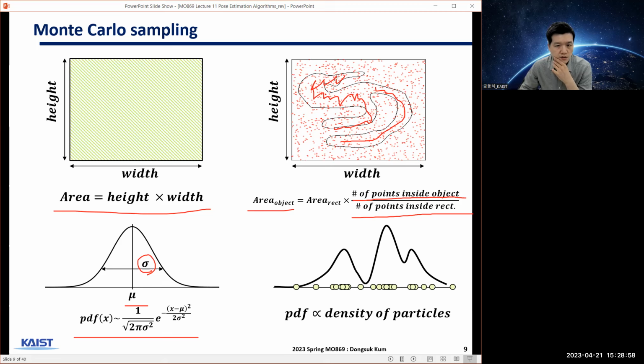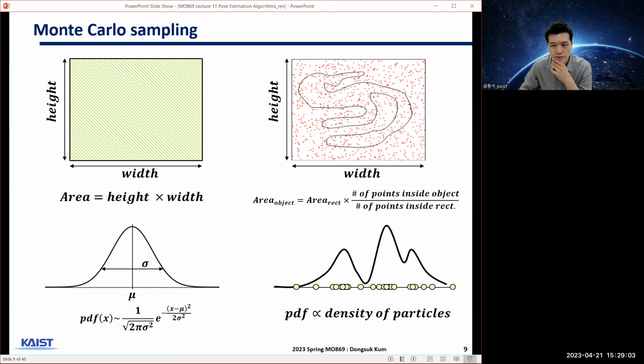So here, this example was almost evenly distributed, but in the case of this density function, if we sample things from this distribution model, then we will see more points towards higher density areas, okay?